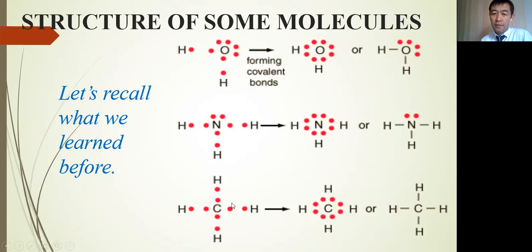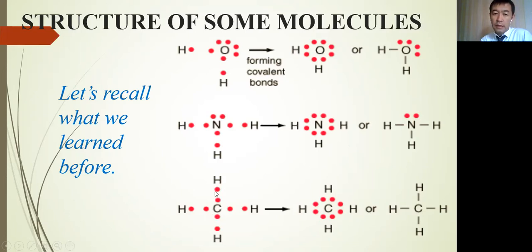In the case of carbon, it has 4 electrons in its outer shell, and it needs 4 electrons to reach the 8-electron stable state.